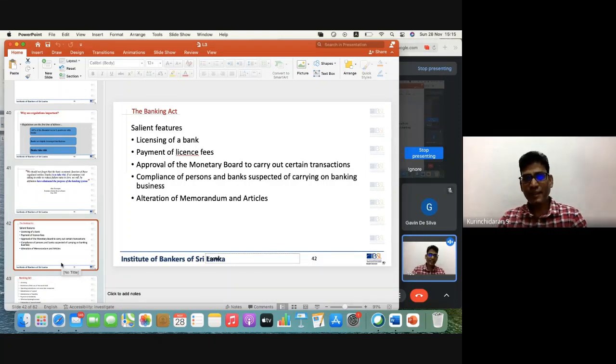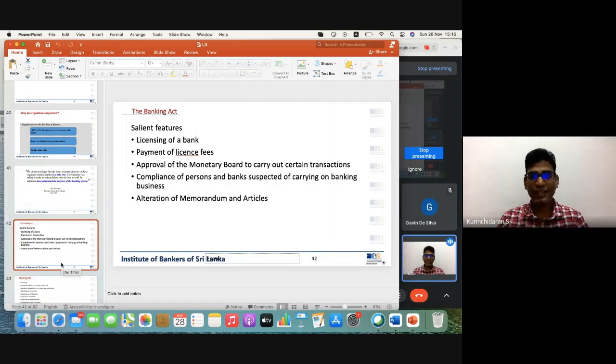As I said earlier, when it comes to the central bank, the central bank is established under the Monetary Law Act, right? So the Monetary Law Act says what things the Central Bank of Sri Lanka can do. Based on that act, the Banking Act was enacted. The Banking Act is specifically for banks, what they can do or what they cannot do, right?